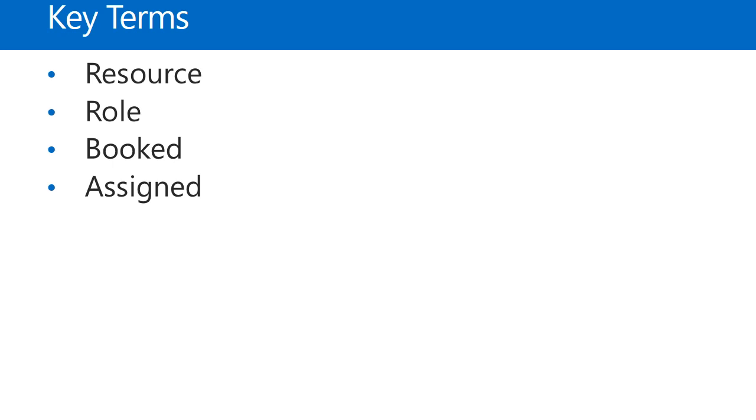So when you have the assigned hours is basically when you have assigned that role or the specific resource to a task in the WBS. So basically when we look at the all projects list page, there's going to be two columns, booked and assigned. So booked is just basically when a role or whoever, role is reserved to the project, while assigned means that you've actually assigned that specific person or role to tasks.